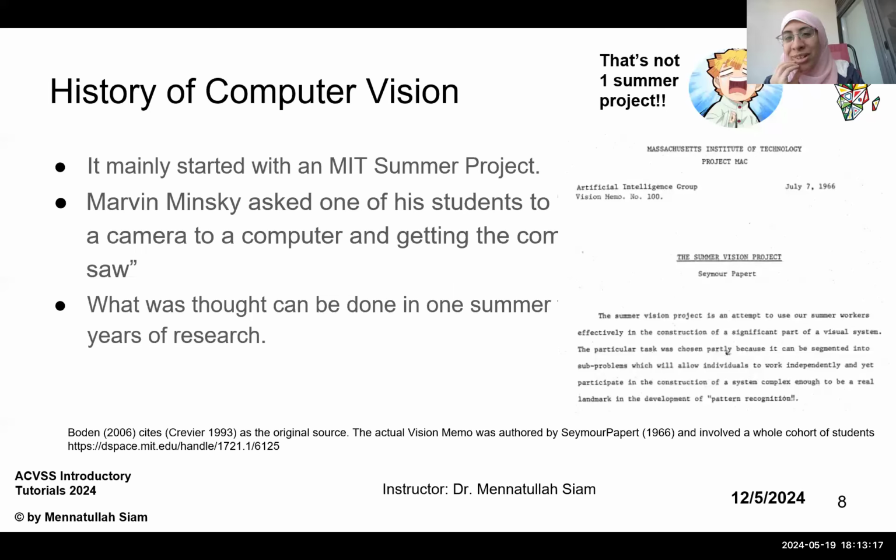In just one summer project, Marvin Minsky was asking one of his students to get a camera connected to a computer, get the images, and try to get the computer to understand what it saw through the camera. But then they realized, of course, that this is definitely not one summer project at all.